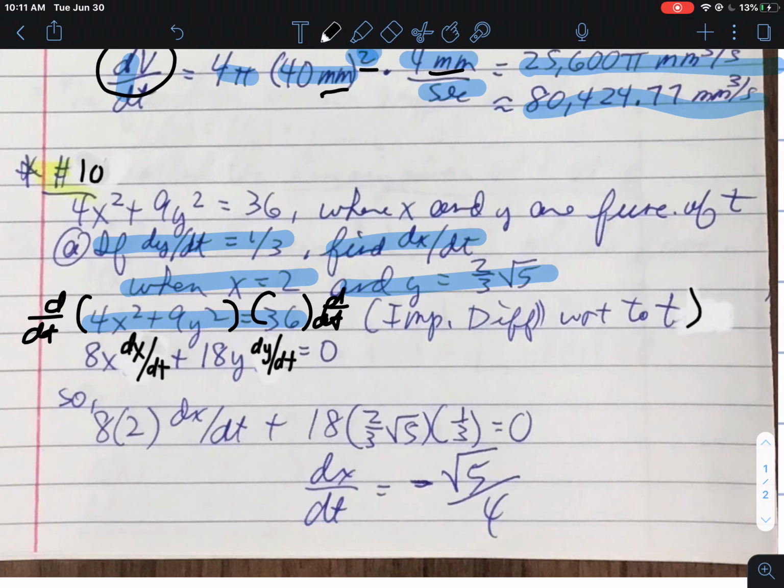On the left, 4x squared, treating x as a function of t and using our power rules, gives me 8x times the derivative of the base, dx/dt. Plus 9y squared, again a power function: 2 times 9 is 18 times the derivative of the base, dy/dt.